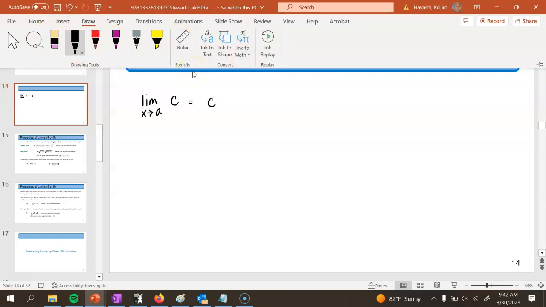You know, there's no x in the expression for anything to move closer to a or anything like that.